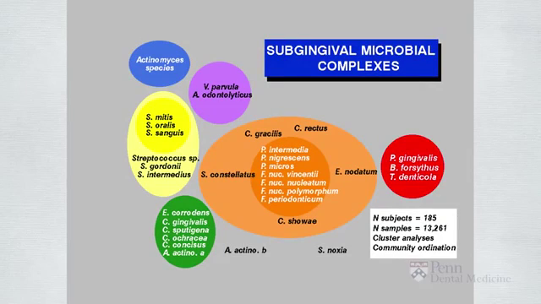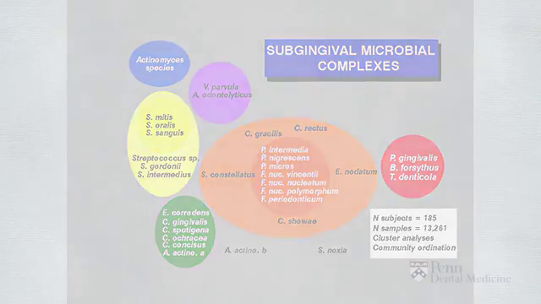To identify pathogens in the oral cavity is a rather challenging task. It is much easier to detect a bacterial infection in a sterile environment, such as in urinary infection or blood infection. But since the oral cavity is not sterile, identifying bacterial pathogen is quite challenging.